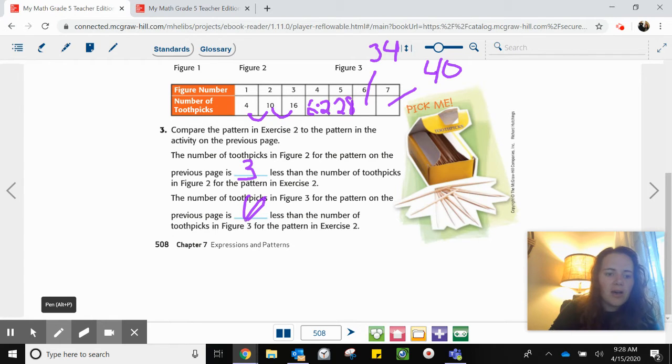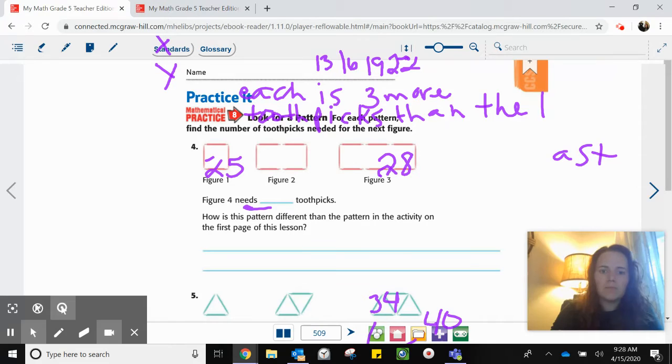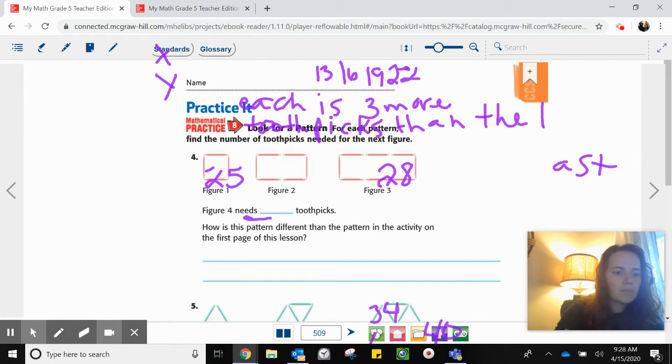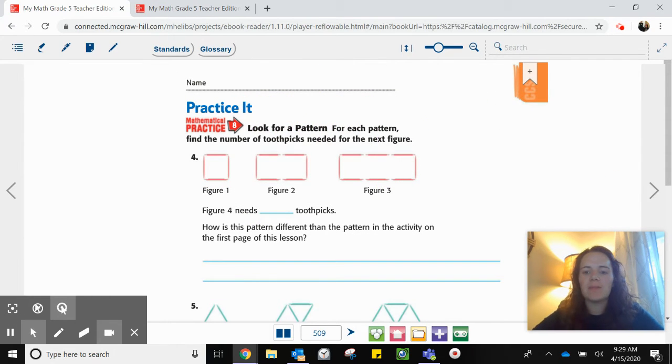All right, so we're going to go ahead into the next lesson, but really quick, let me erase. All right, so for this practice page, you can either work on this now, or you can watch the next part of this video and then do all your practice pages together. Either way, whatever works for you.